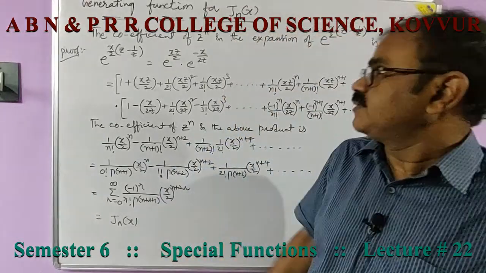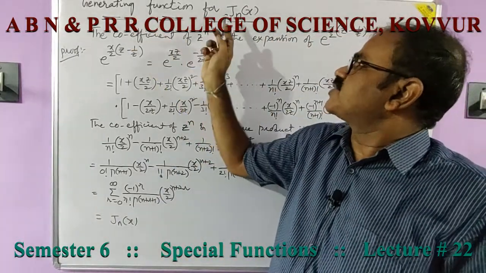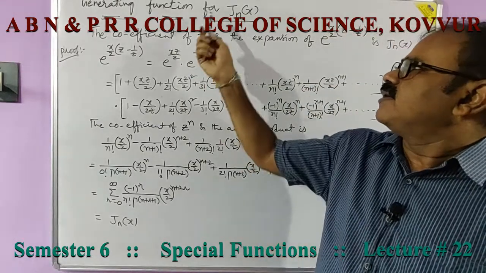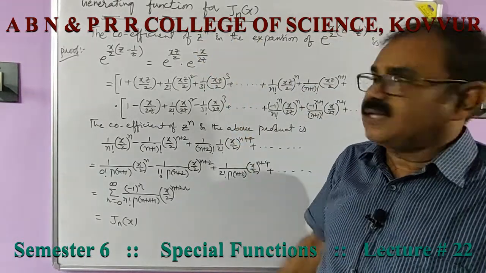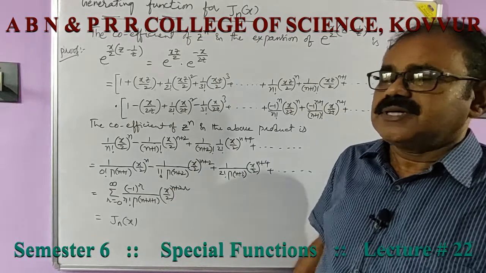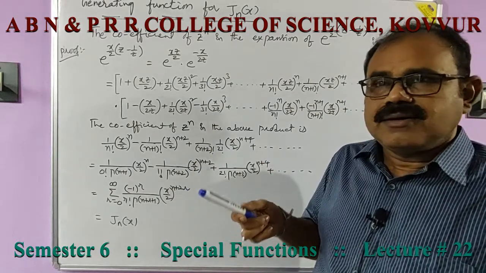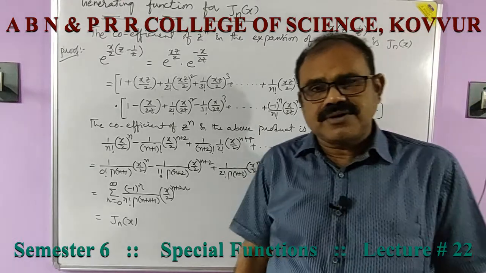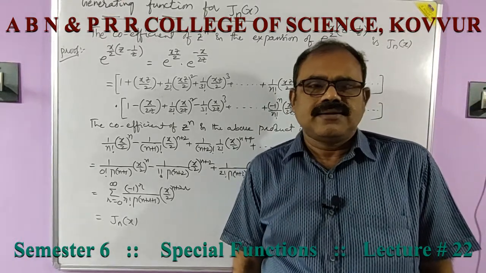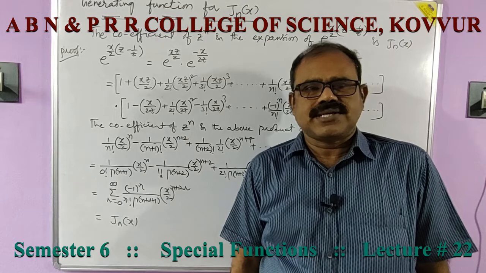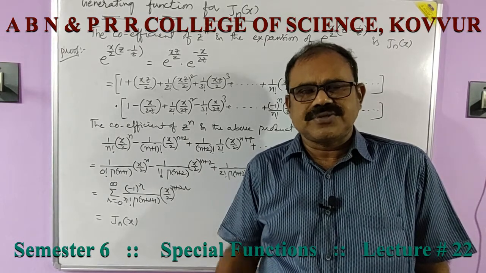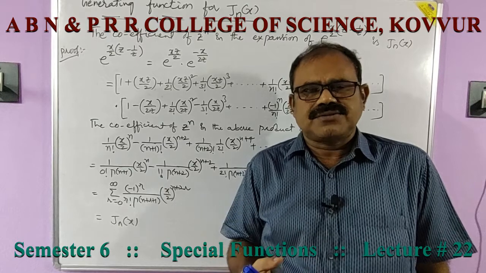Now let us see the generating function for Bessel's function Jn(x). In Legendre's polynomial, what is the generating function? (1 - 2xh + h²) to the power of minus 1/2 is the generating function.